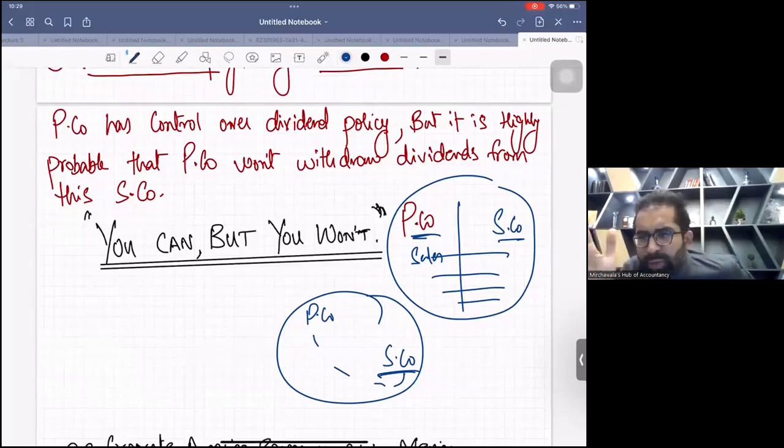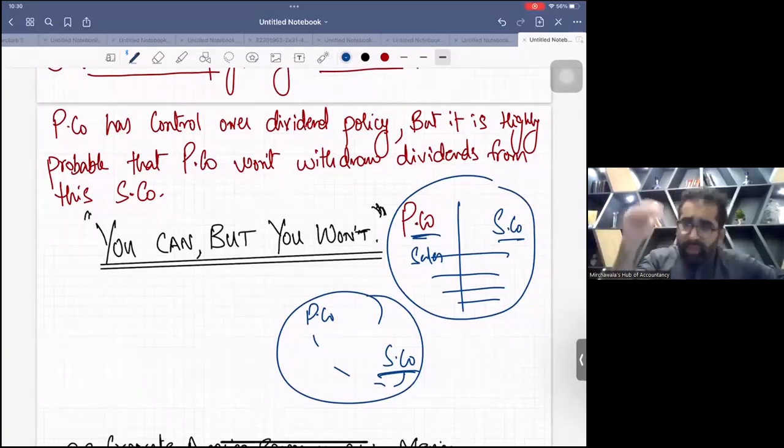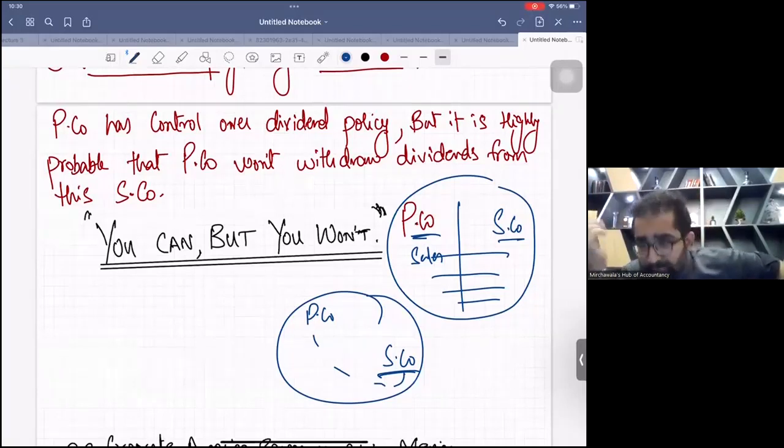The tax department will say, no, we don't want to charge any tax on your subsidiary's profits, because our policy is we will only charge tax from you whenever you withdraw these profits from your subsidiary in the form of dividend. So in case 1, I say, okay, in future I will withdraw these profits as a dividend.